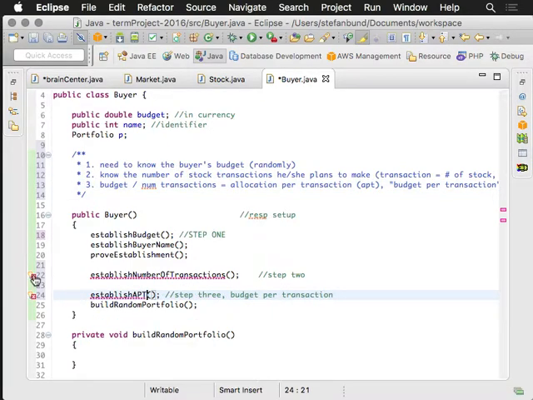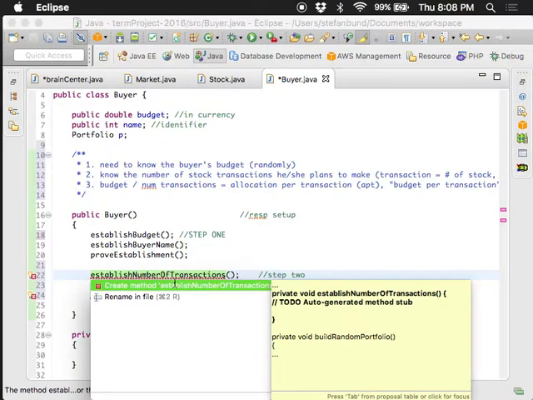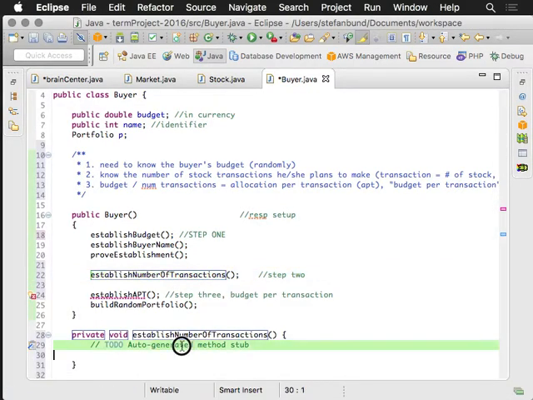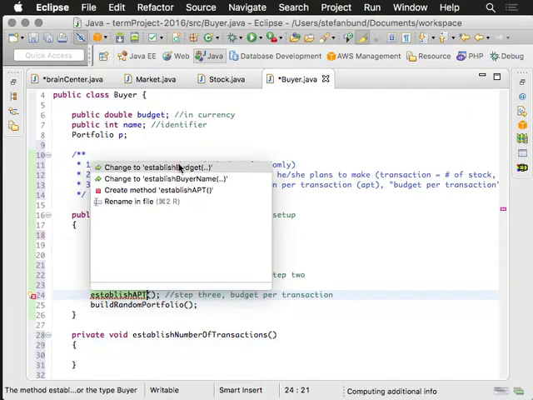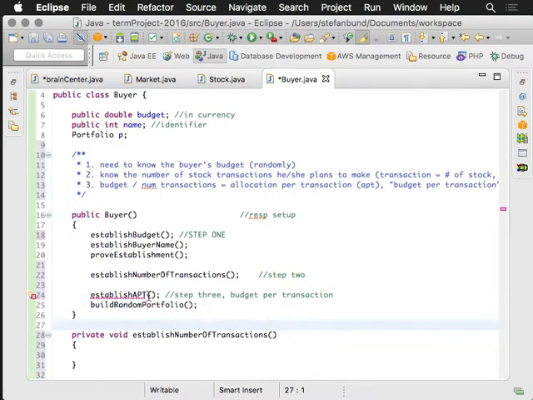Okay, so let's go ahead and establish these methods. Establish number of transactions, and then establish the allocation per transaction. Establish APT.